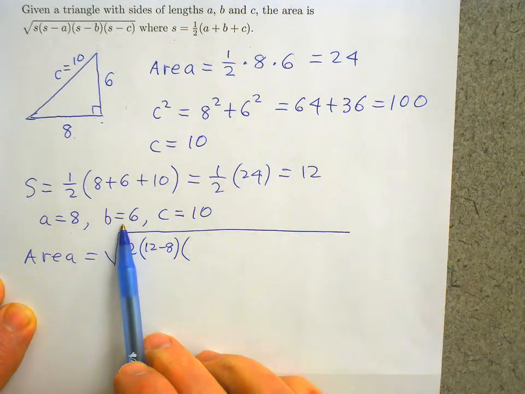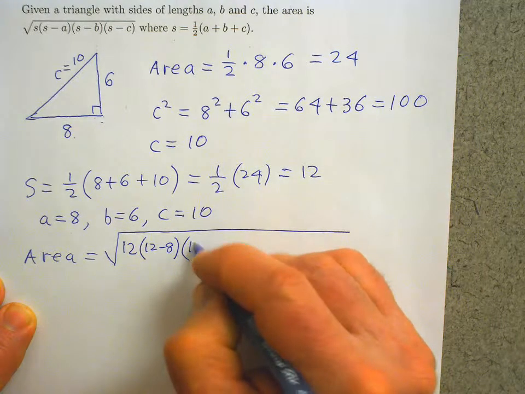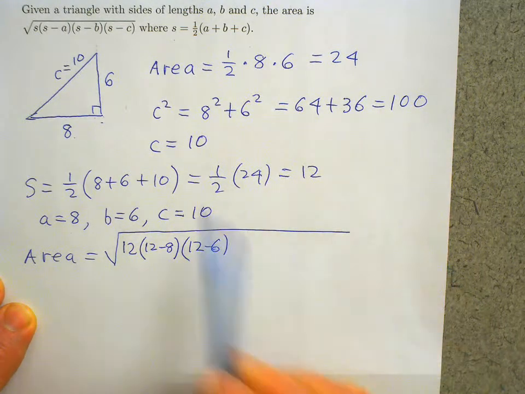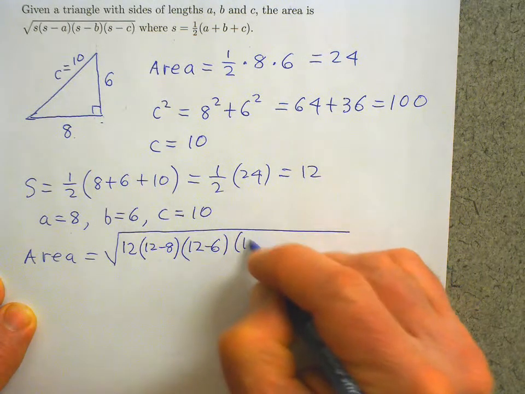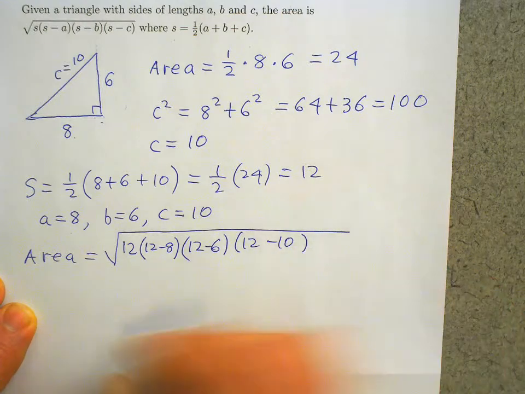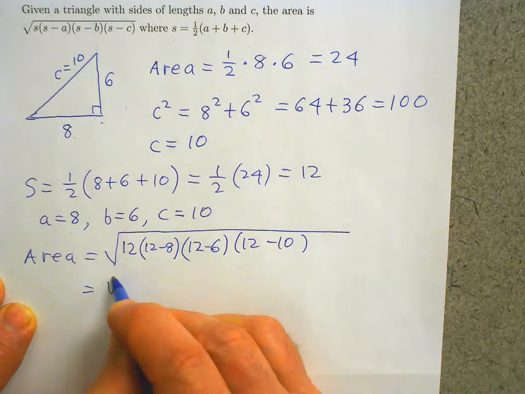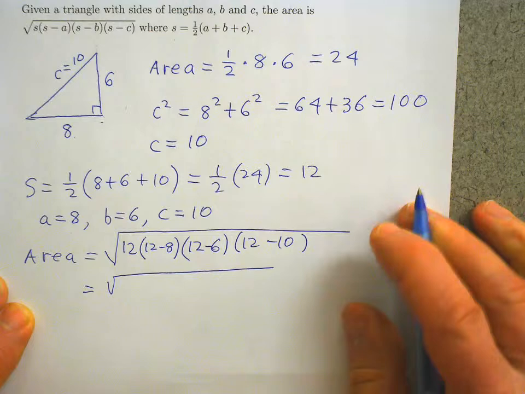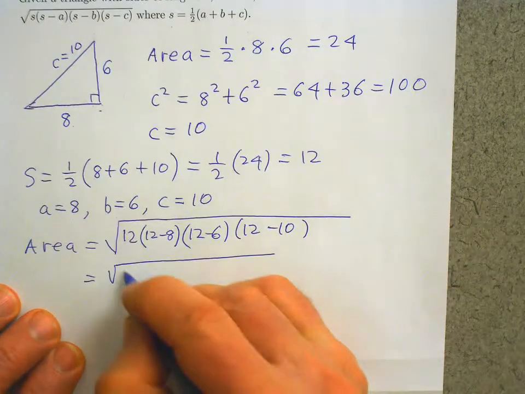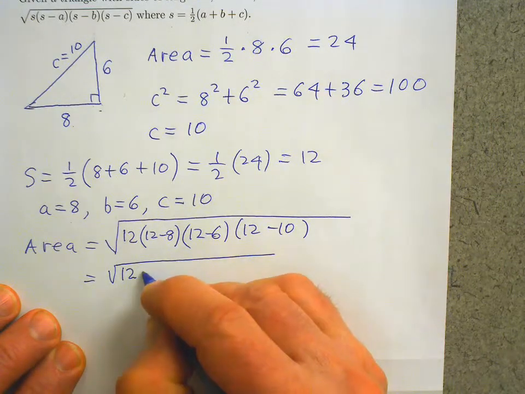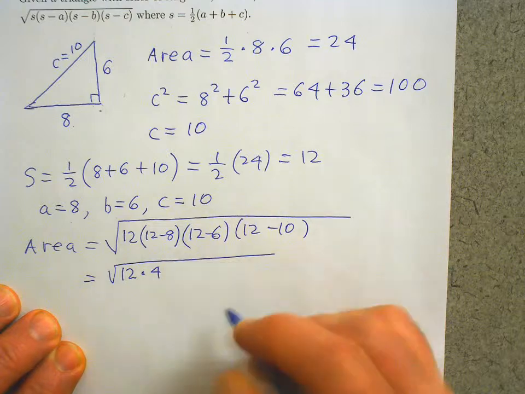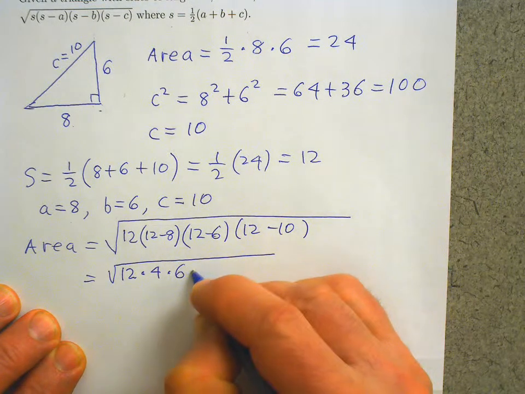S minus B is 12 minus 6. S minus C is 12 minus 10. So obviously more writing than is necessary, but we get 12 times 4 times 6 times 2 inside the square root.